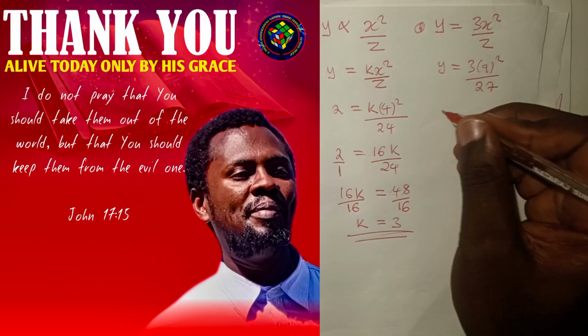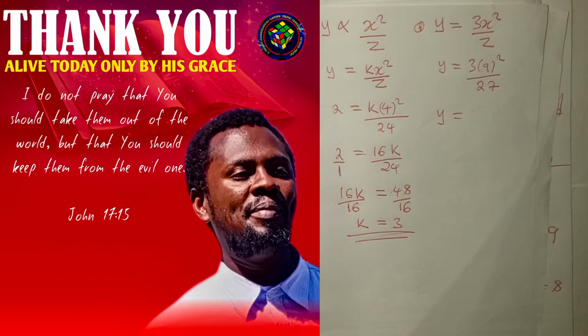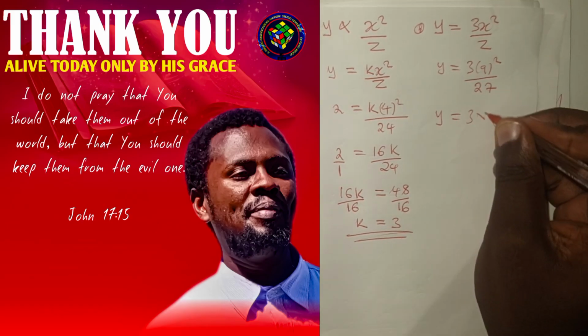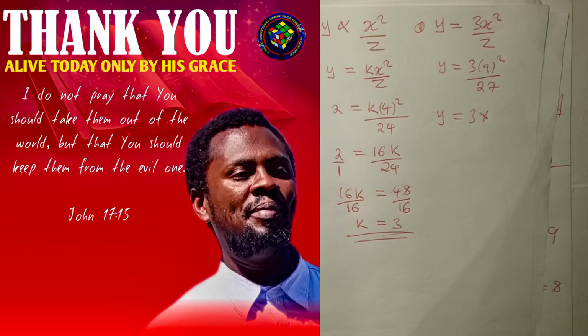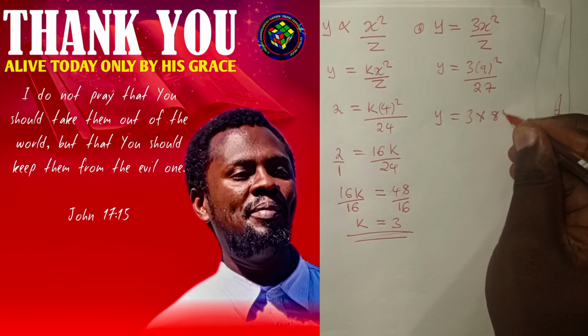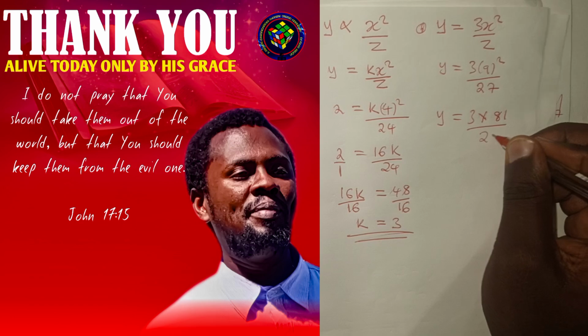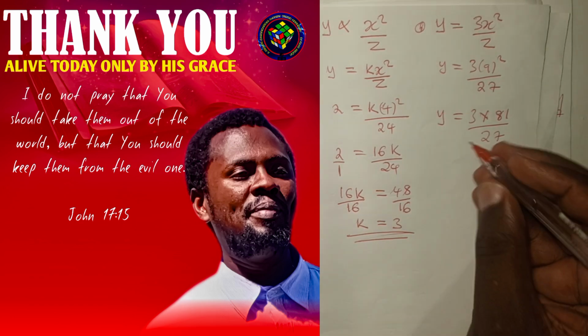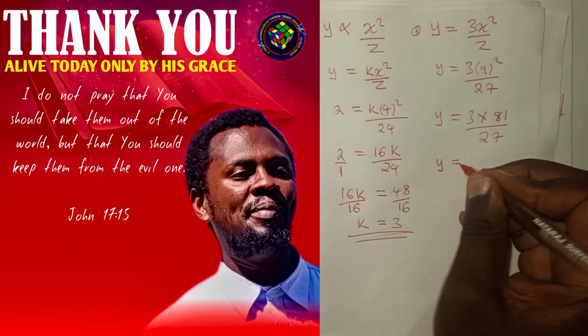Okay, so we have y is equal to 3 times, what is 9 squared? 9 squared, you get 81 over 27. Now we can simplify that one.